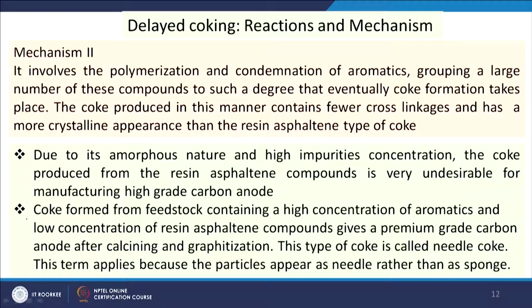So, it is very clear to us, if our feedstock has more aromatics, then it will be giving better quality coke, and this type of coke is called needle coke. This term applies because the particles appear in the form of needles; it has a crystal structure, and the crystals appear like needles. So, that is why it is called needle coke.